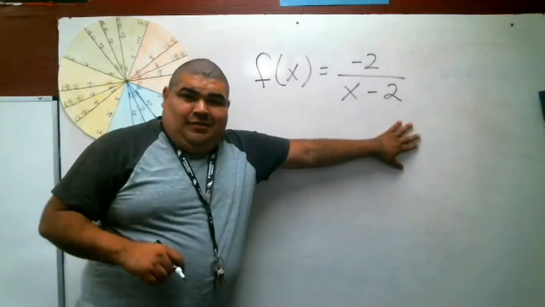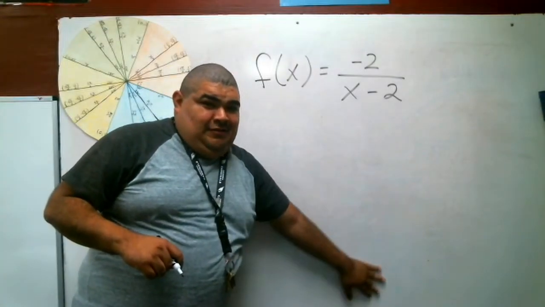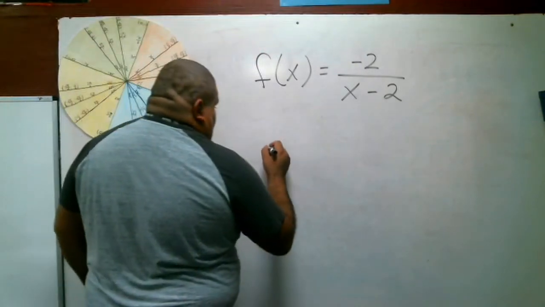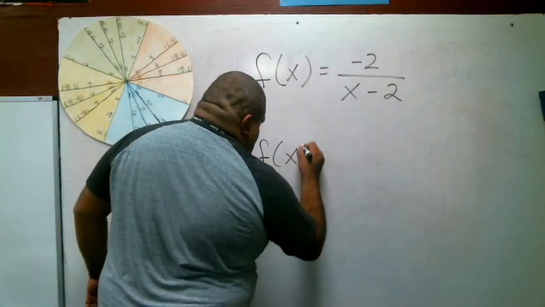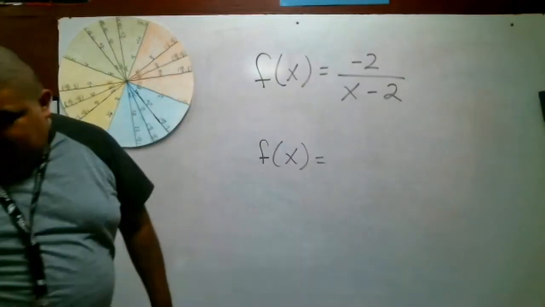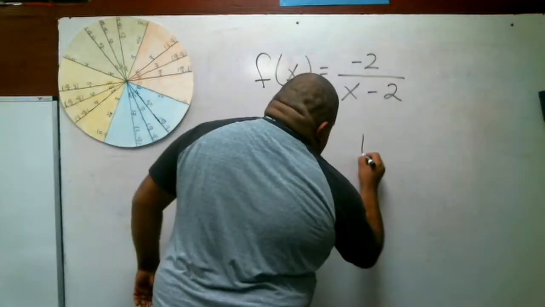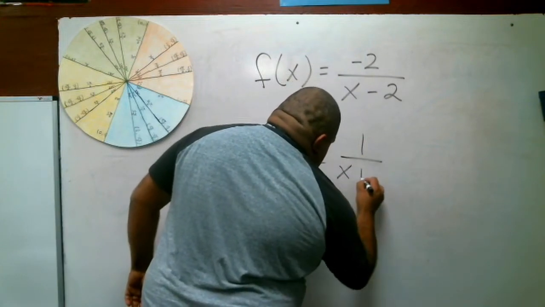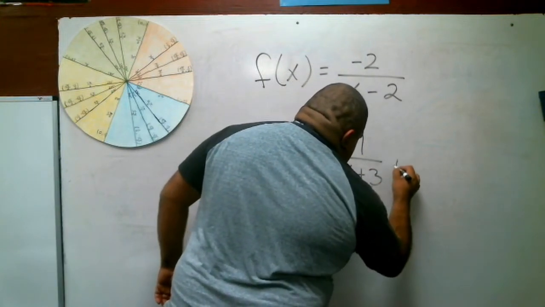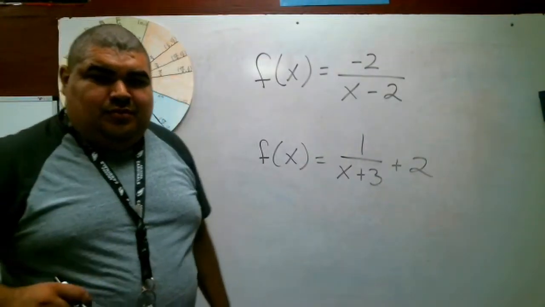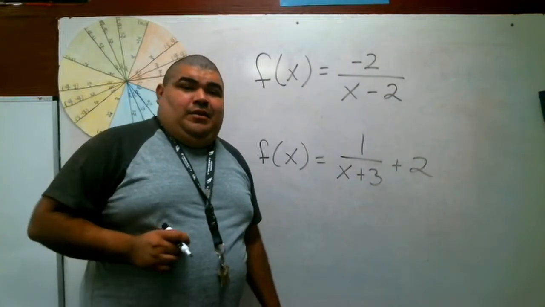Remember, if it's actually x, it's a specific variable. And your second one is f of x = 1/(x + 3) + 2. Okay, that's your second one.